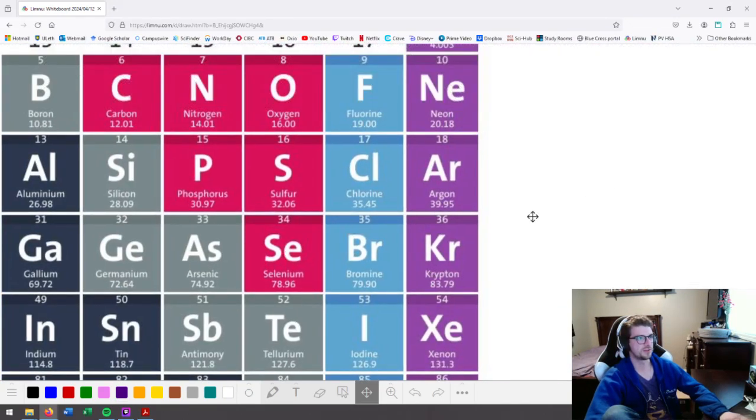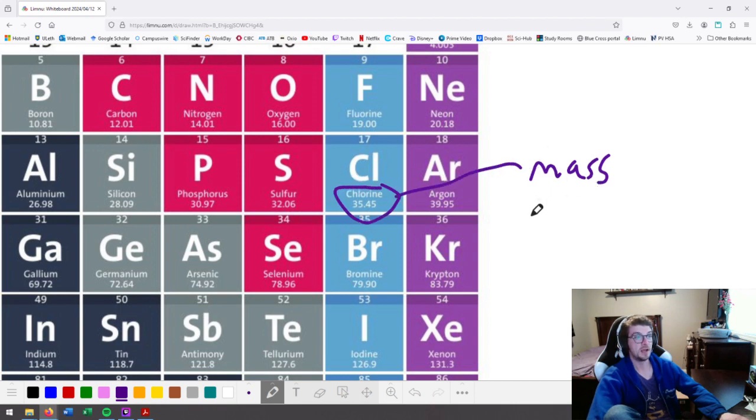So we're going to go over to chlorine. And I'm going to explain chlorine because that's the one that I do know the isotopes off the top of my head. So, talking about mass number, average mass of the naturally occurring isotopes. The naturally occurring isotopes of chlorine are chlorine 35 and chlorine 37.